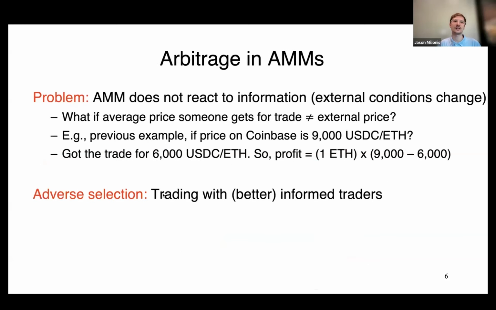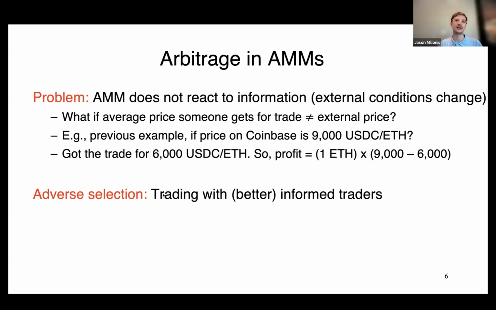Now, a key feature of these markets is that the AMM actually does not react to information as external conditions change. So the price can grow stale as external conditions change. Let's say that there is some other market that offers some price for the asset, but the AMM only varies its prices with the actual executed trades on it.